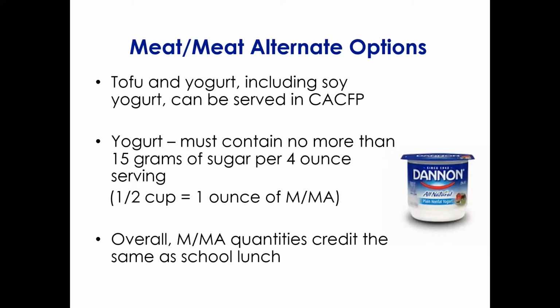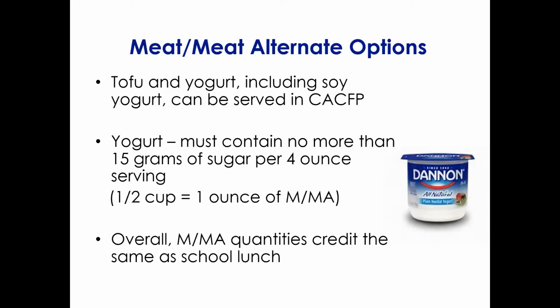I do want to call your attention to yogurt because under these CACFP meal pattern guidelines, there is a sugar requirement, or kind of a target, that you must be aware of. For a 4-ounce serving, no more than 15 grams of sugar can be in that yogurt.